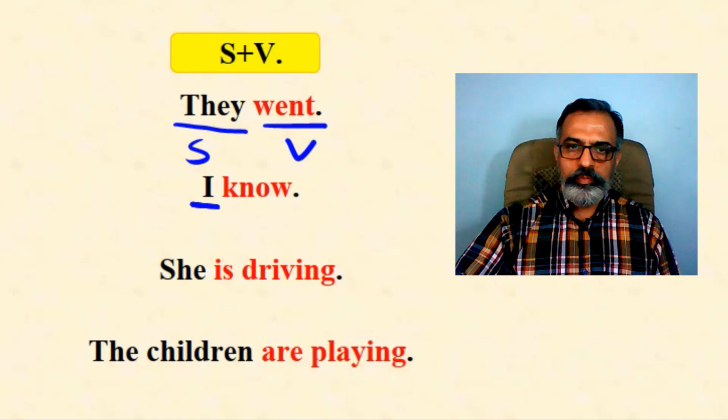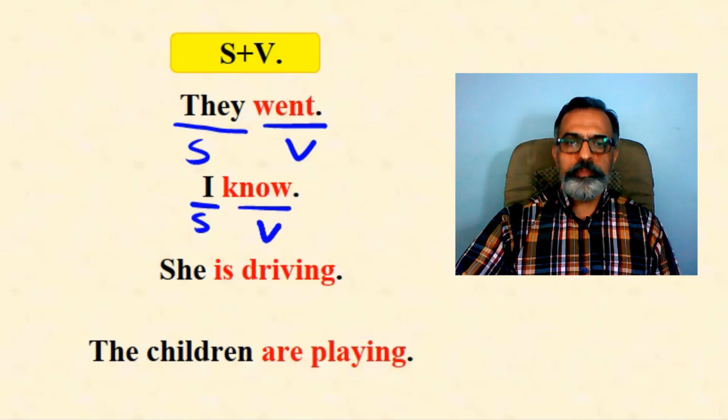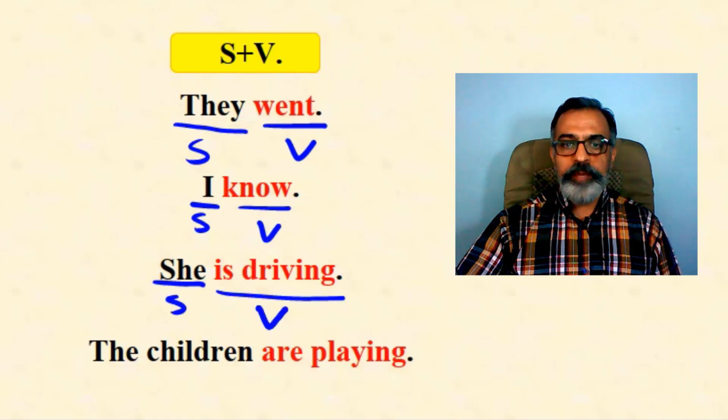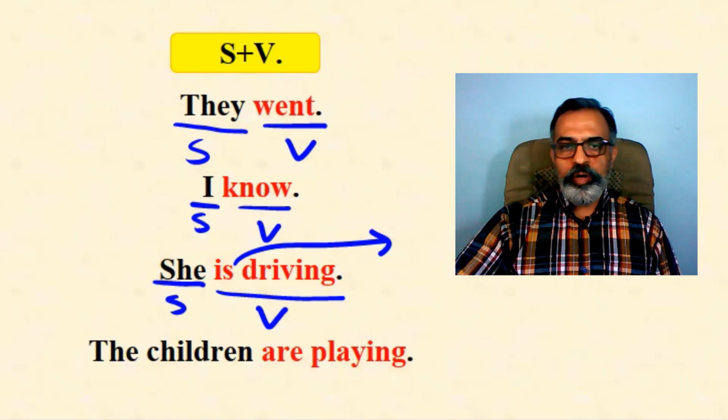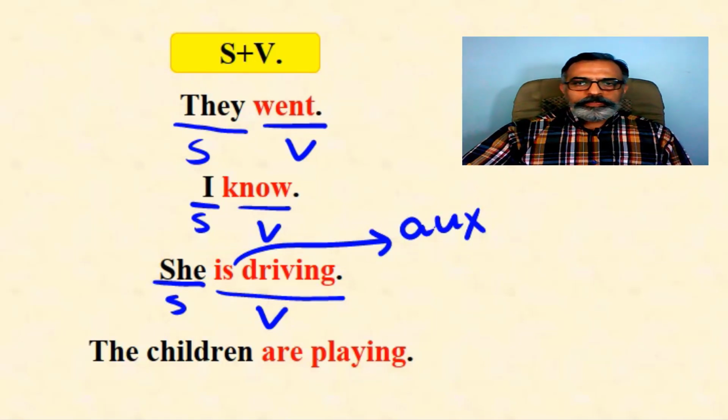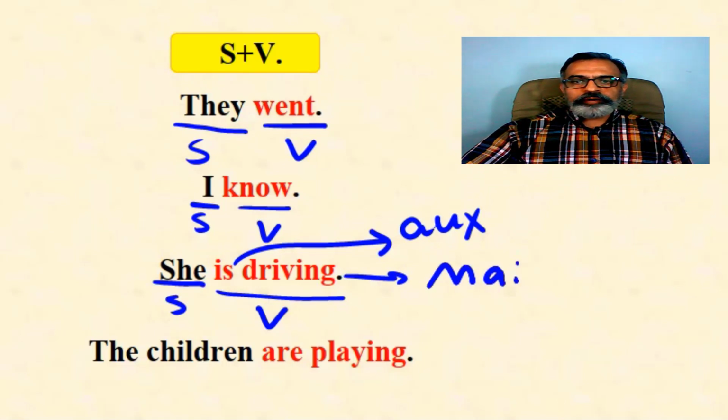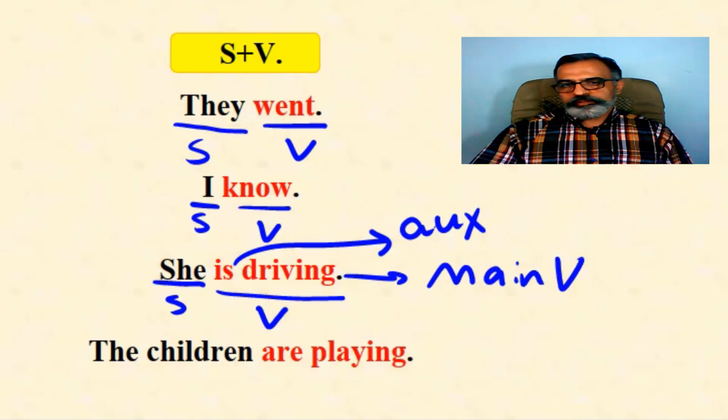I know. I, subject; know, verb. She's driving. She, subject; is driving, verb. As you see, this verb has two parts: an auxiliary verb, and driving, which is our main verb here.